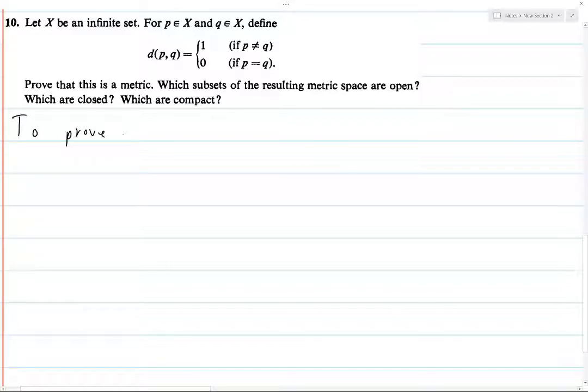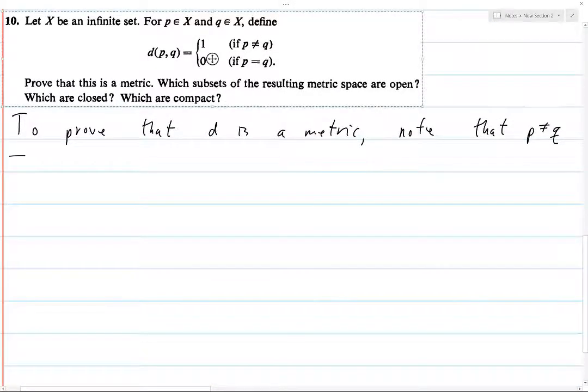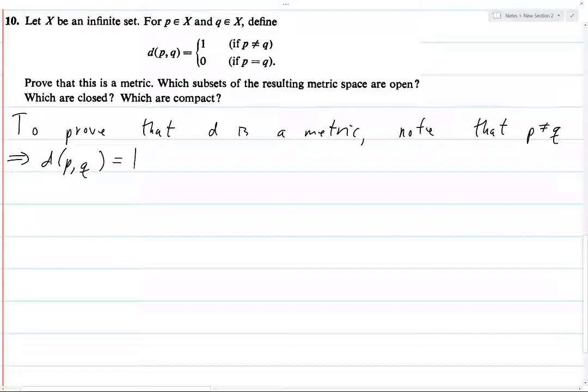So to prove that D is a metric, note that if P and Q are elements of X which are not equal, then the distance between P and Q is 1, which is not 0.